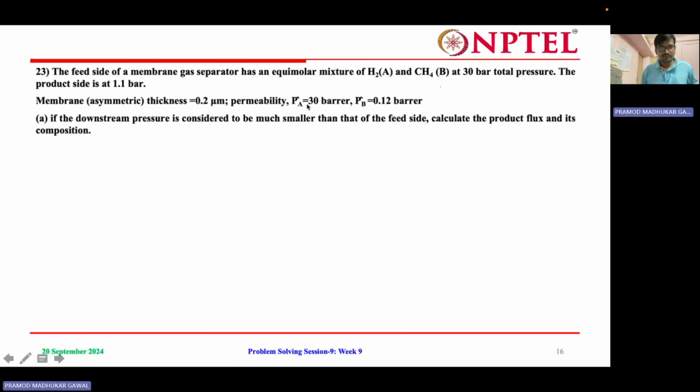So in this question, the permeability PA is 30 and PB is 0.12 barrer. This is P1 and this is P2.